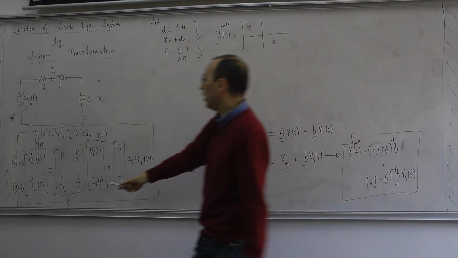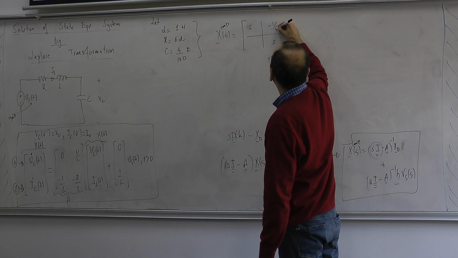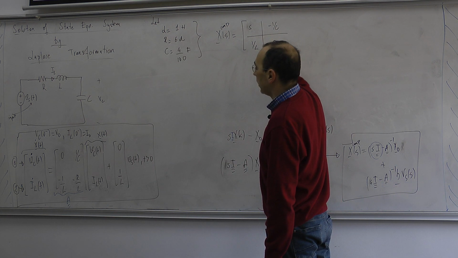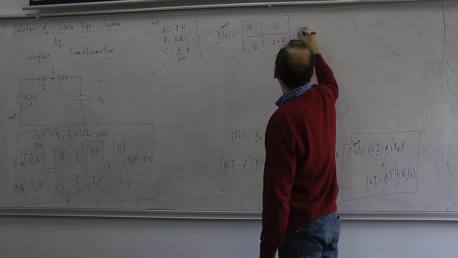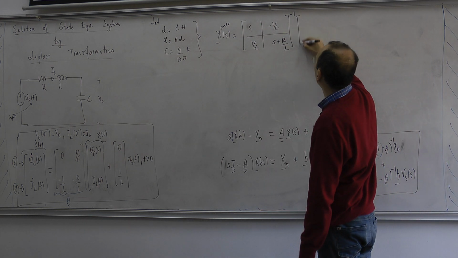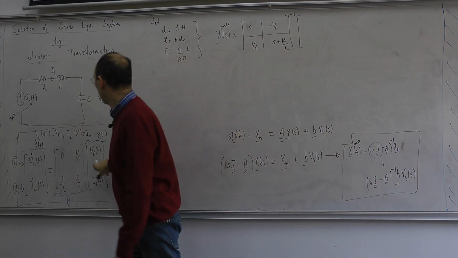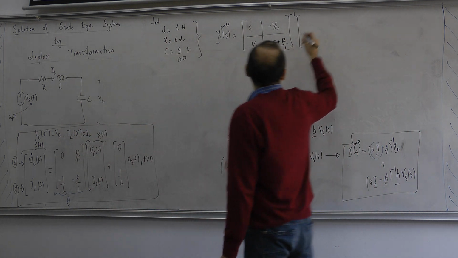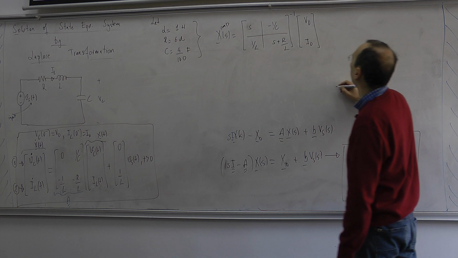Now I'm subtracting A: 0, minus 1 over C, plus 1 over L, plus R over L. So I should take the inverse of this, and then multiply by the initial condition vector, which has the first state element, capacitor V0, and I0.